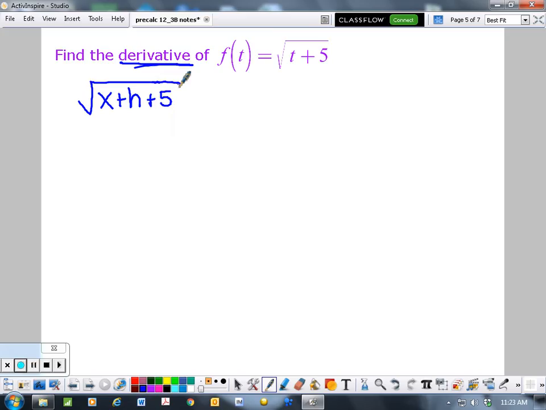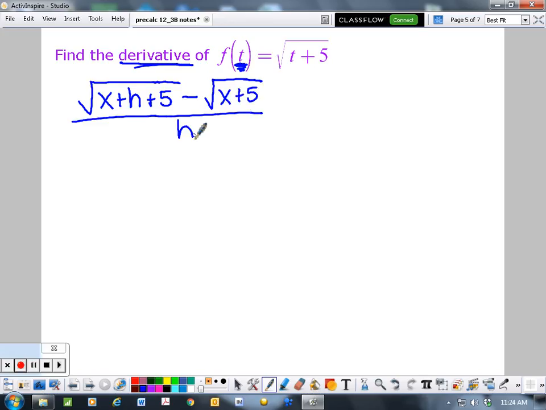And technically, I think we should do t plus h because our value is t and not x. But I have a hard time with my t's looking like pluses, so I'm going to go ahead and use the x for right now. Minus f at x, which would just be the square root of x plus 5, all over h.